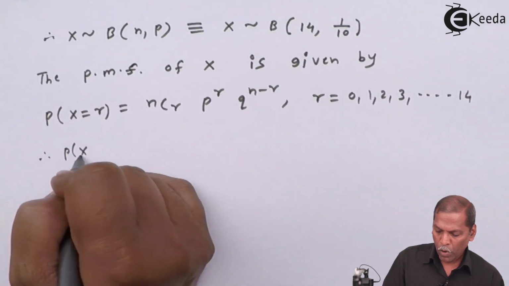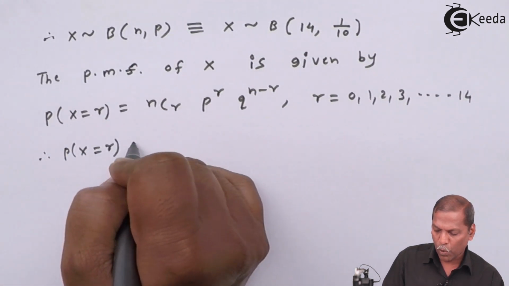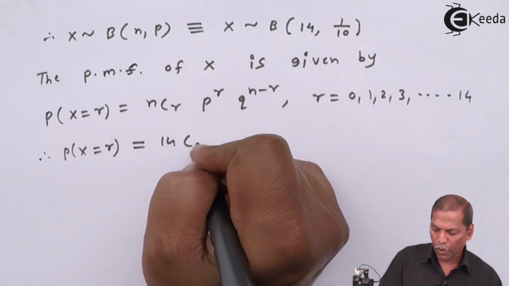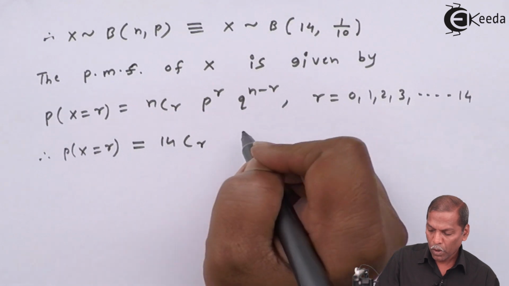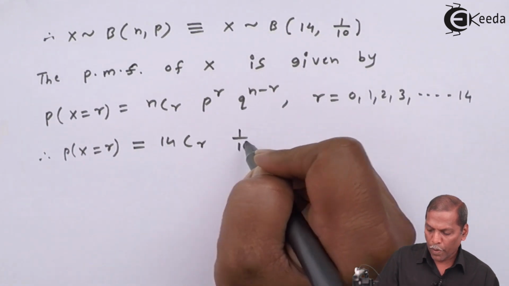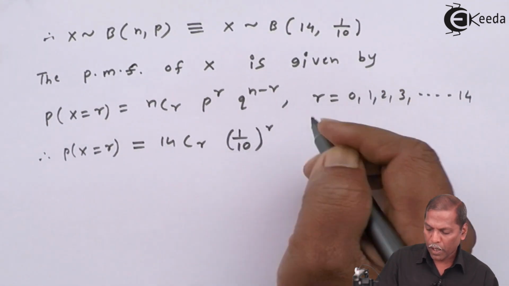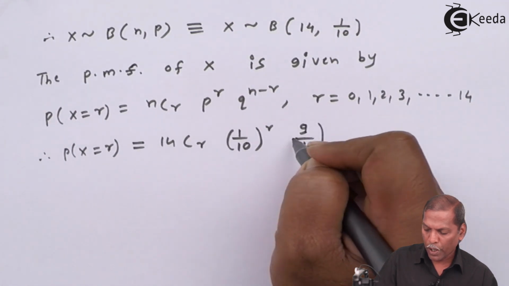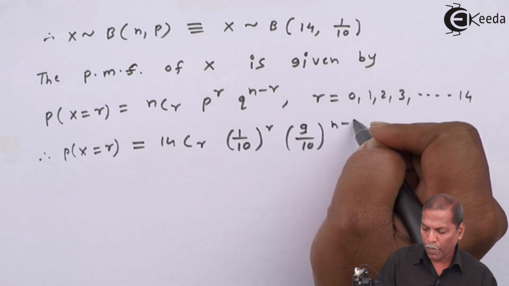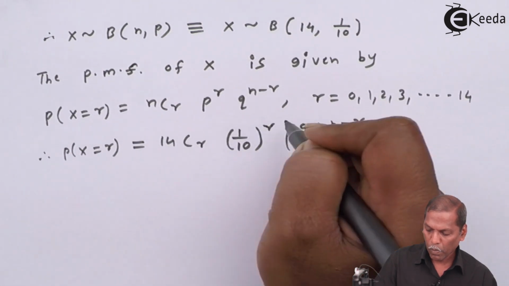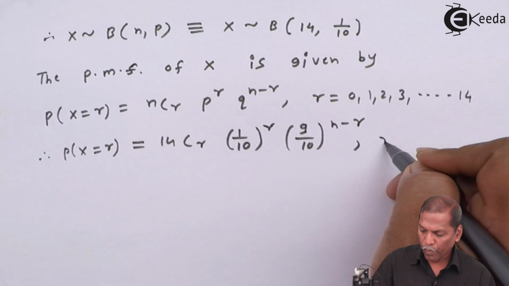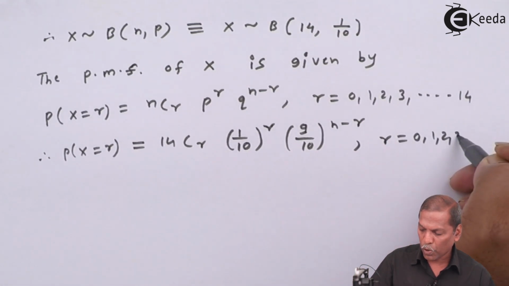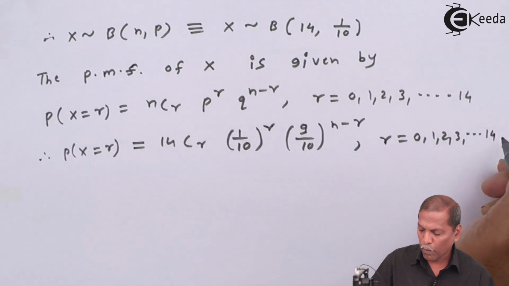Therefore, probability X equal to r is equal to, for n we substitute 14, so we get 14Cr into 1 upon 10 raise r into 9 upon 10 raise n minus r, where r takes values 0, 1, 2, 3 up to 14.